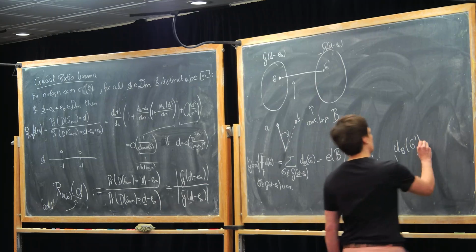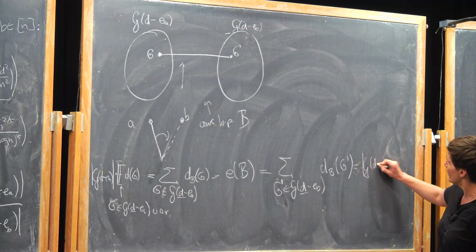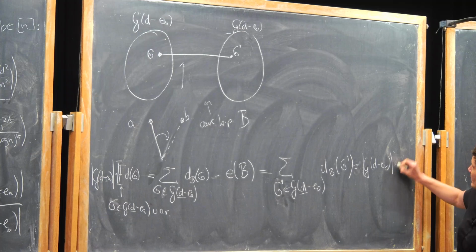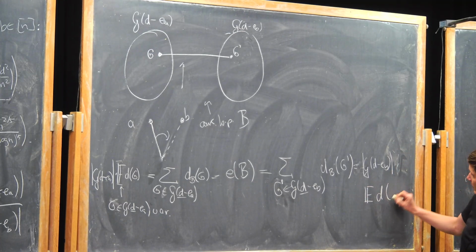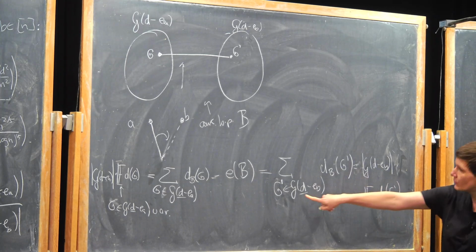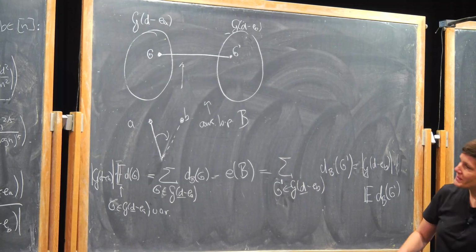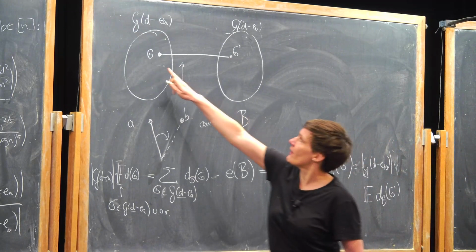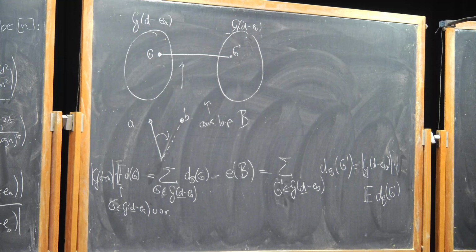And the same is true on this side: the size of G of D minus EB, times the expected degree in B of a random G prime, where G prime is uniformly random in this set. Okay? So what is the expected degree if I pick a graph G uniformly at random? Questions?